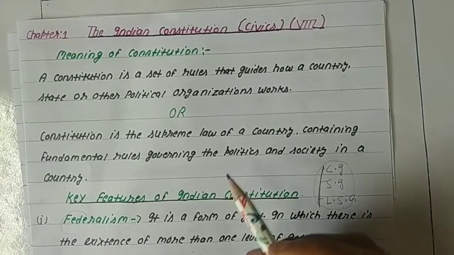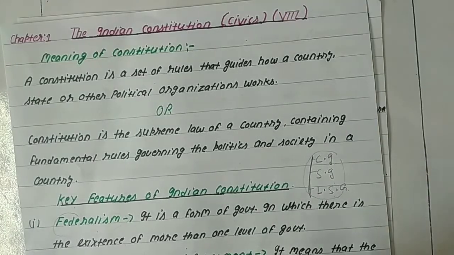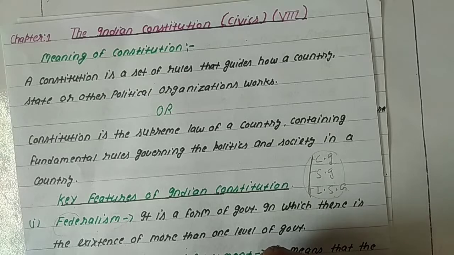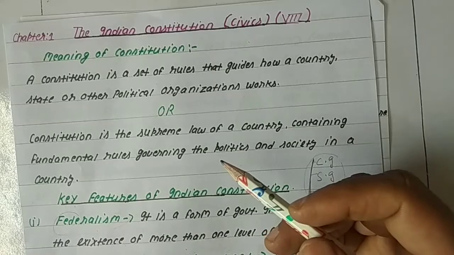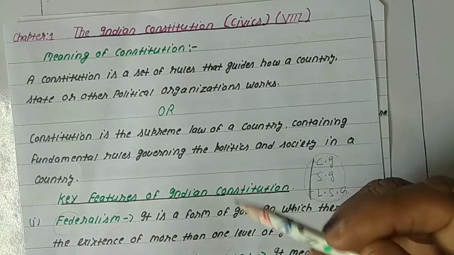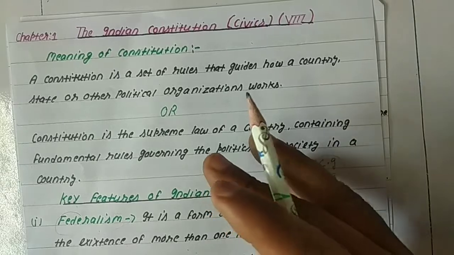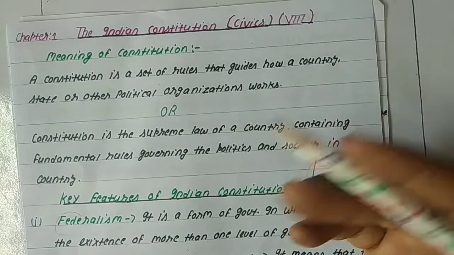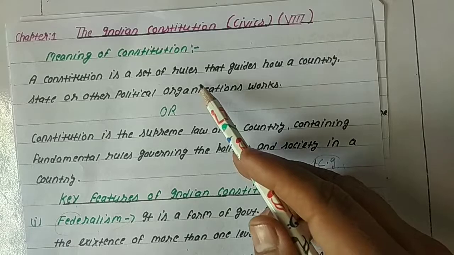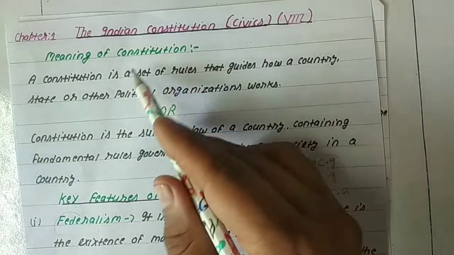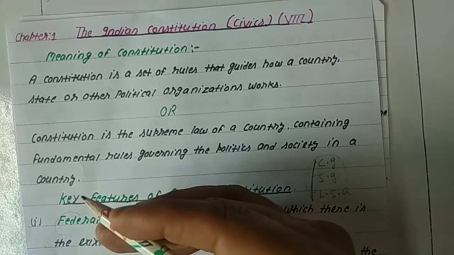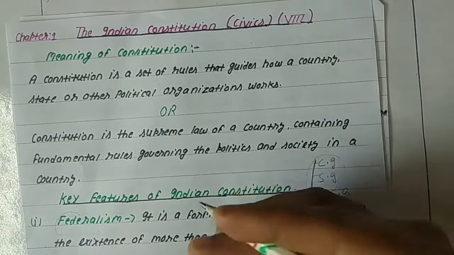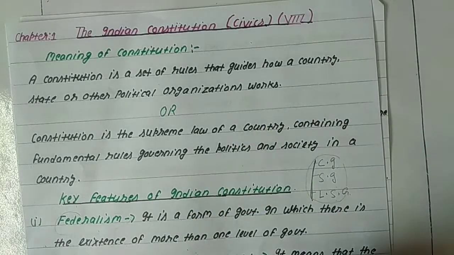So we have seen here what the constitution is and its meaning. We read that the constitution is a set of rules. Students, in your NCERT book they have given you so many examples, so if you have the books, please see those examples. It will help you to understand the meaning of the constitution. Actually it is a set of rules, and rules are very important. They have given you examples of sports or games like football or cricket, in which we see there are so many rules.